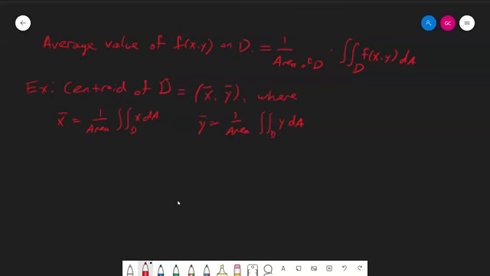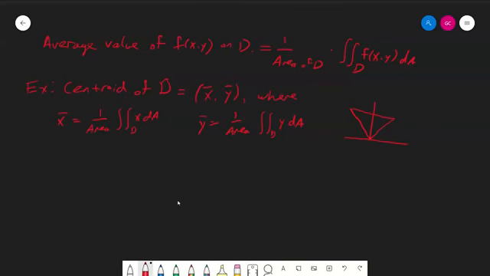For some simple geometric examples, you can see this just by looking at it a little bit. Let's say you have a region that looks like an inverted triangle here. The average x value of a region like this is going to be 0. It'll be somewhere here on the y-axis.